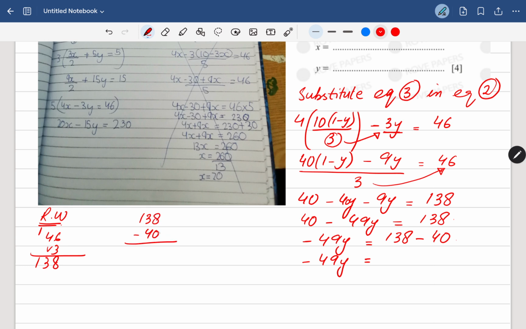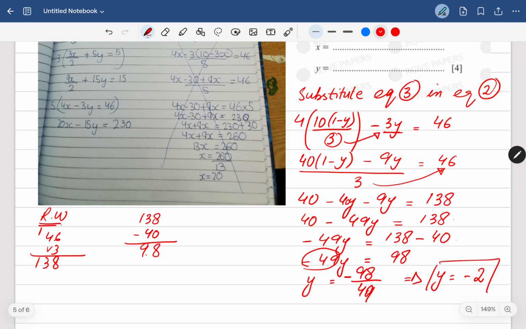So it will be 8 minus 0 is 8, and 13 minus 4 is 9, so 98. Okay, and then y, which is in the minus sign, we don't want our answer in negative, so we can directly convert this minus 49 over here, which is 98 divided by negative 49, and obviously you can see from the calculation that your y equals minus 2.